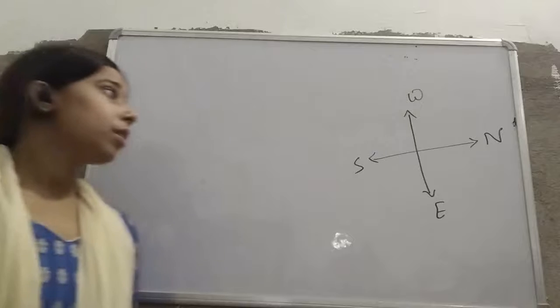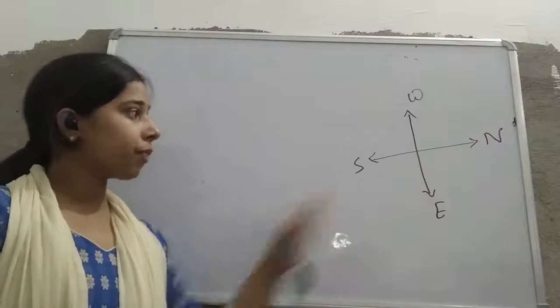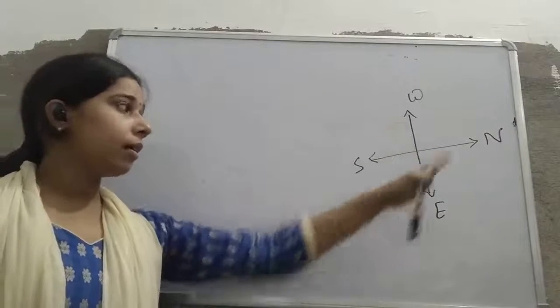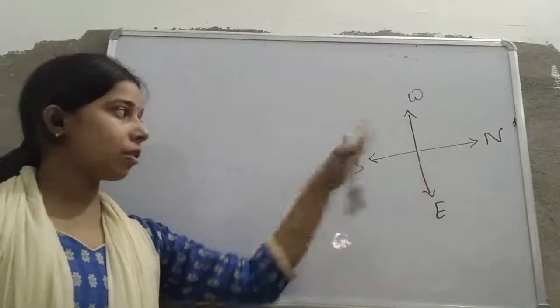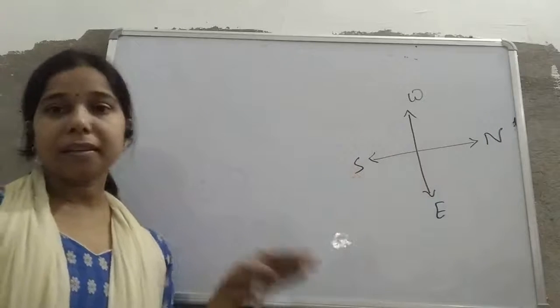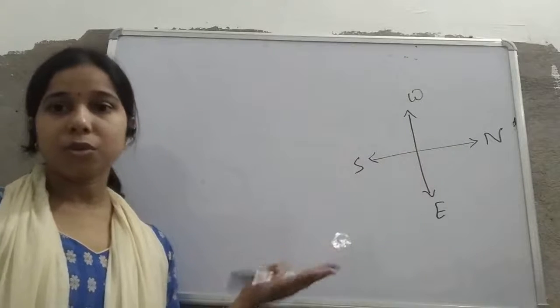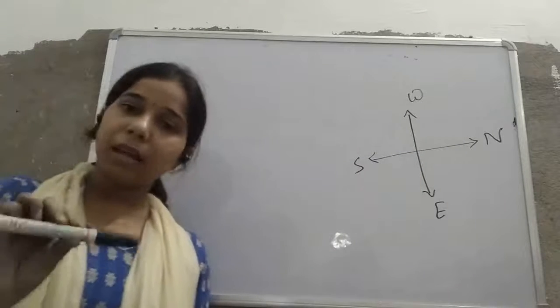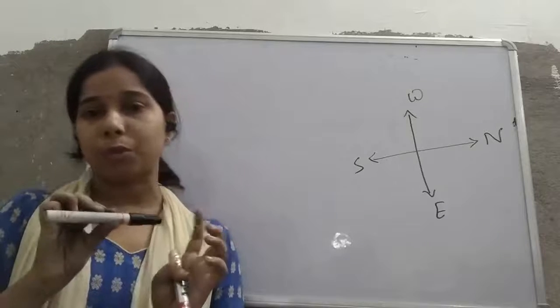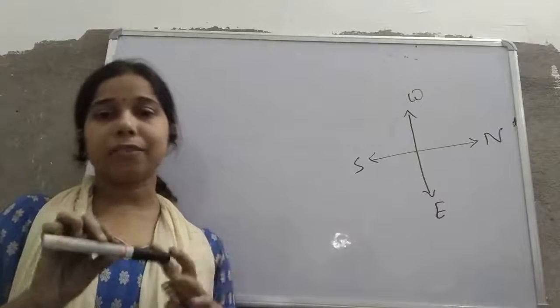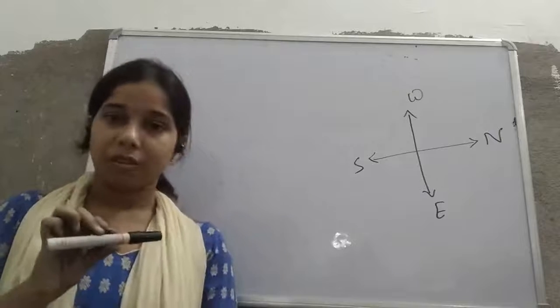Okay, student. Now, what is the use? Although you know that these are the directions, that is east, west, north, south, this magnet helps in giving the direction of the north and south. Why is it so? Because when you leave it, it will again come to the north pole and the south pole. It means it will always align itself to the north direction and the south direction.